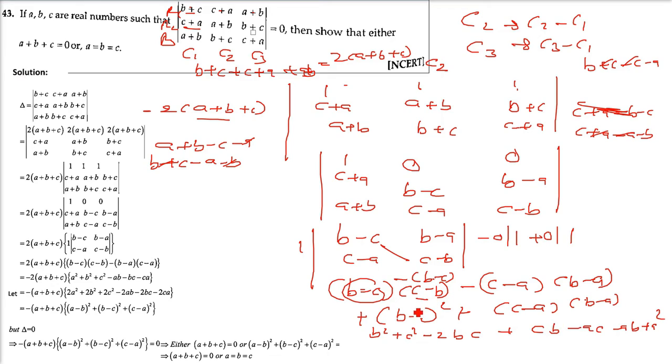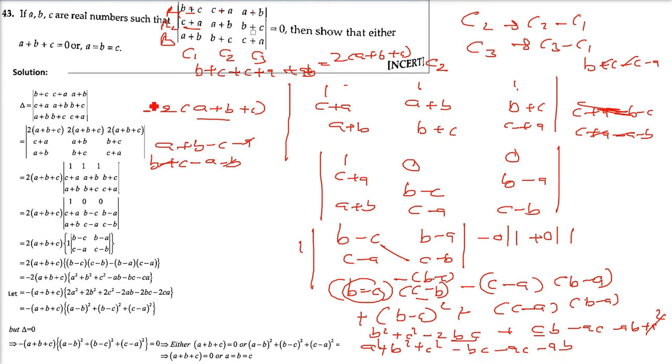We have 2 outside, so let us multiply 2 inside. So b square plus c square minus 2bc plus cb is minus bc, and then we have a square, and cb minus 2bc is minus bc, minus ab minus ab.